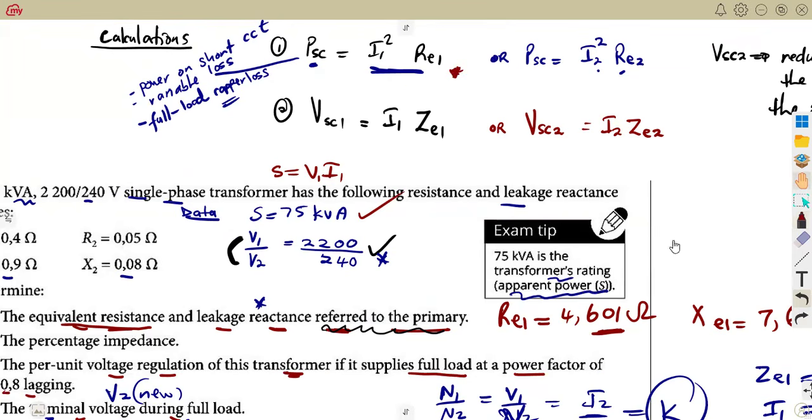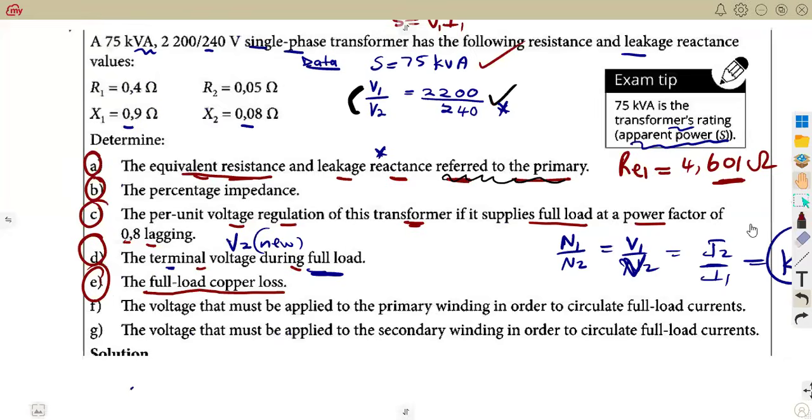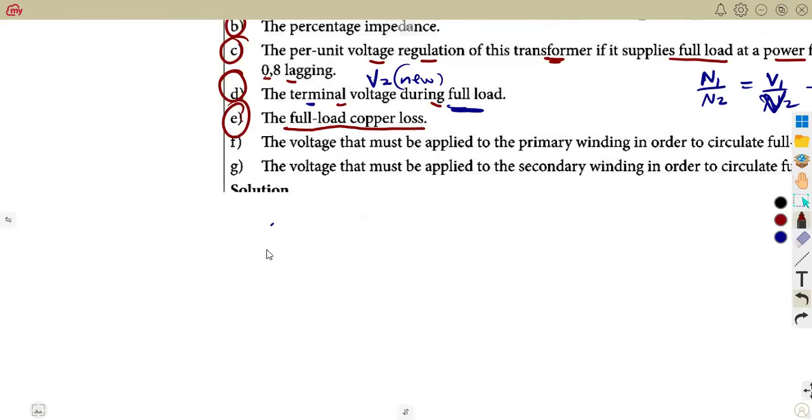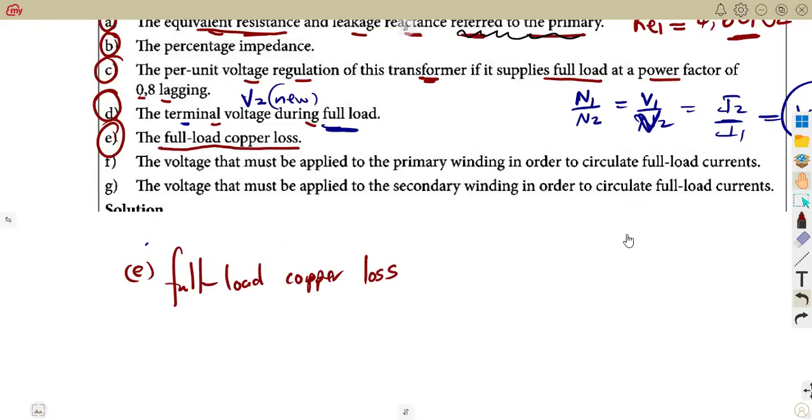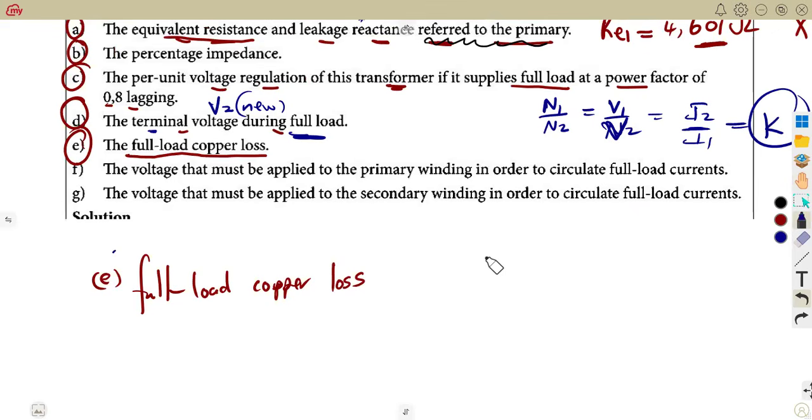What is it that we consider there? All right, so that's our full load copper loss, which is simply representing our short circuit power. That's our P short circuit.